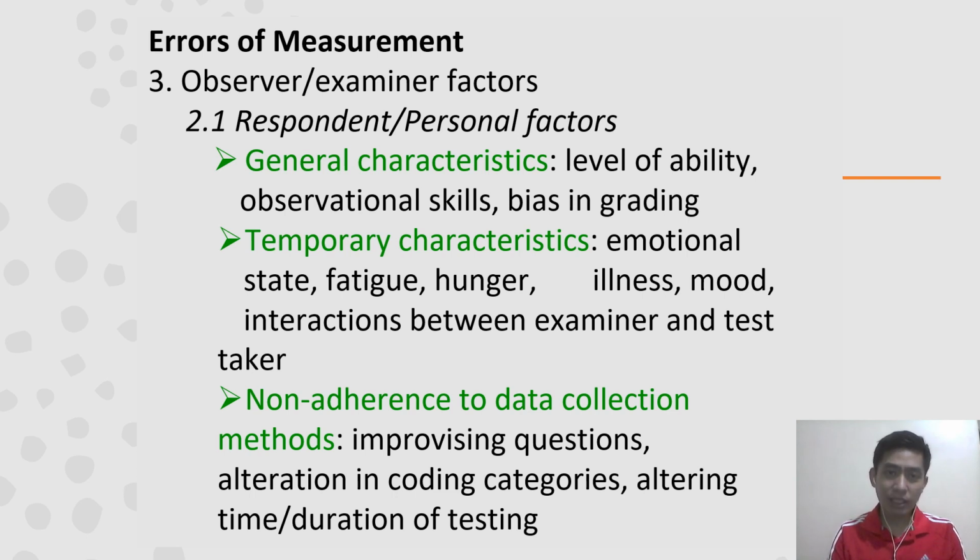So there will be an error of measurement if you will not stick to your research plan, because it will affect also the compliance of your respondents. Just say if you plan to do your interview on this specific date, stick to that specific date or inform them beforehand.